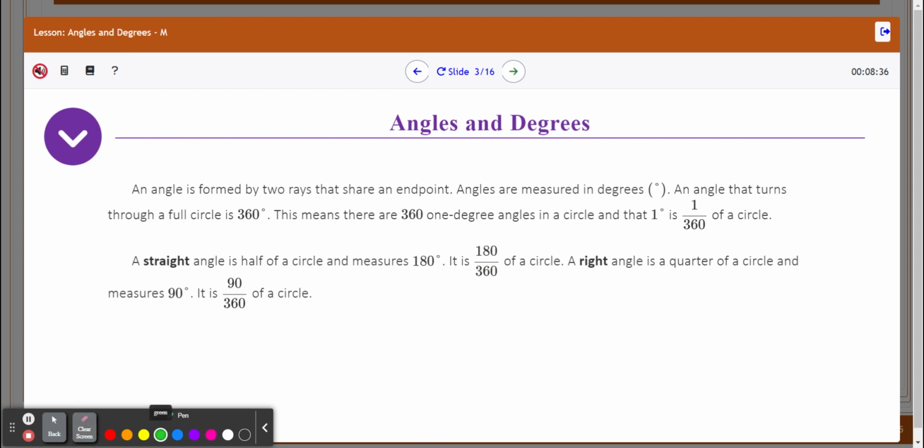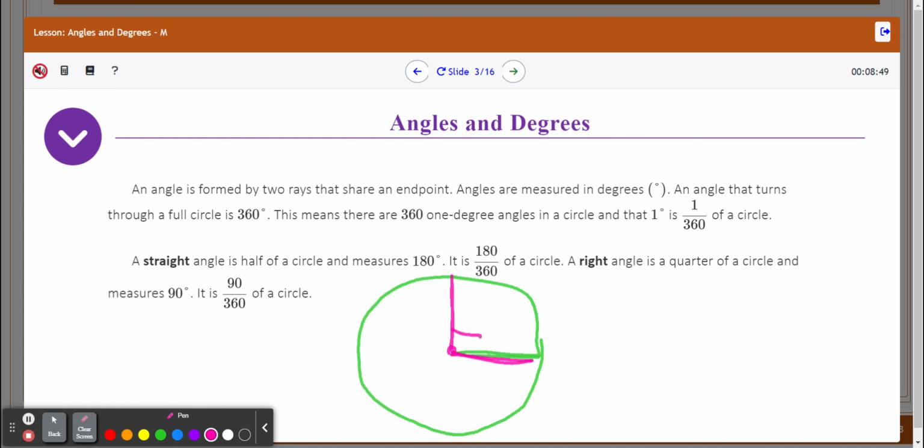And the last one we use a lot is what's called a right angle. If I go about a quarter of the way here and here, and it forms this perfect little elbow, that's 90 degrees. This is 90 degrees, this is 90 degrees, this is 90 degrees.